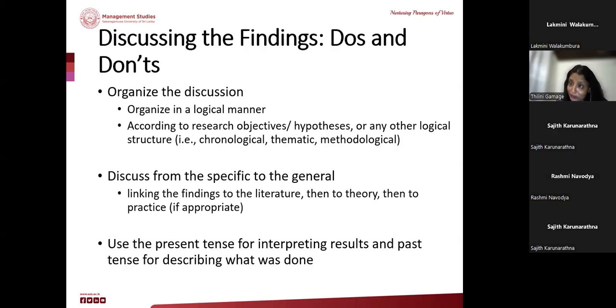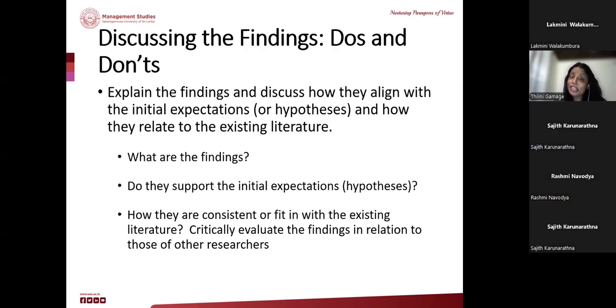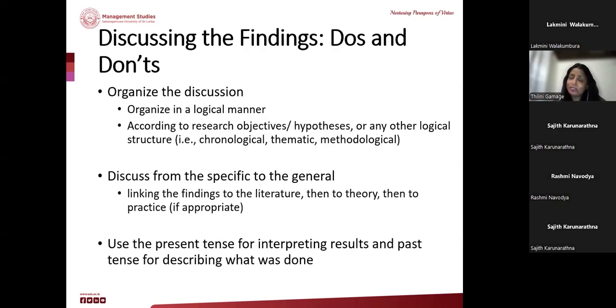But as I told you, it's not a must all the time. I can't force you to arrange your discussion according to your research objectives or hypotheses. If you feel there might be another logical structure that you can consider, you're free to do that.